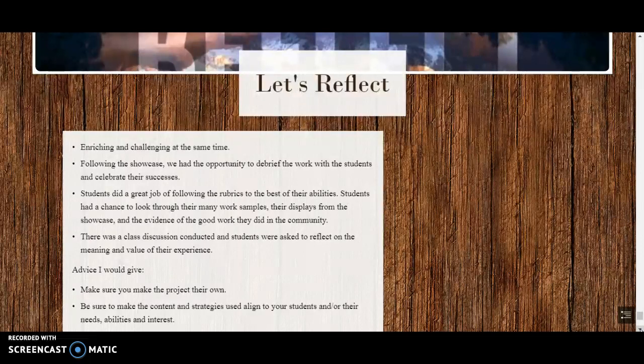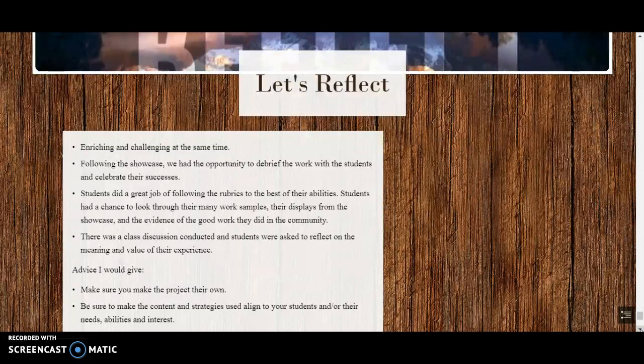Following the showcase, there was an opportunity to debrief about the work that the students had done and to celebrate their success. That was another great thing that I realized about this project, that celebrating the success was very important. These were second grade students, and they did a great job.